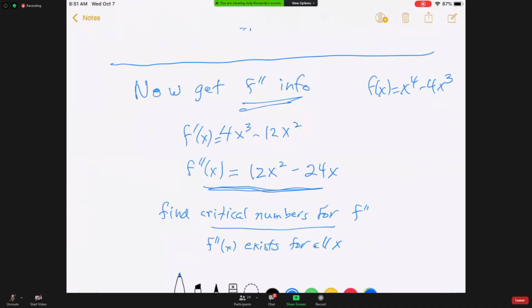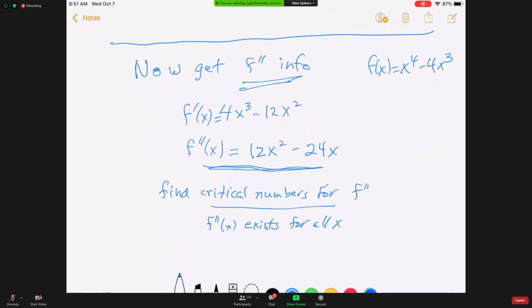I guess I'm not going to have time today. We're going to see one where f double prime doesn't always exist, and neither does f prime. Okay, but that's later. This one exists for all x, so the only critical numbers we'll get are by setting f double prime equal to 0.